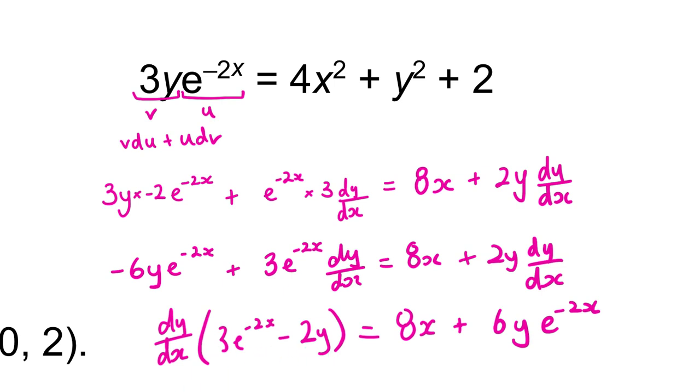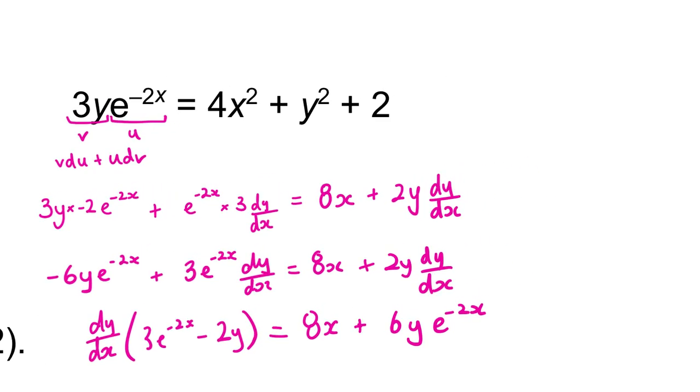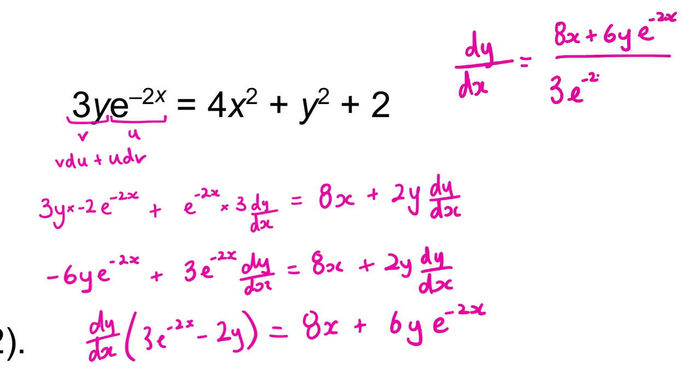Now we divide both sides by the bracket. So dy by dx equals 8x plus 6y e to the minus 2x, all over 3e to the minus 2x minus 2y. So now we've found dy by dx by dividing on both sides.